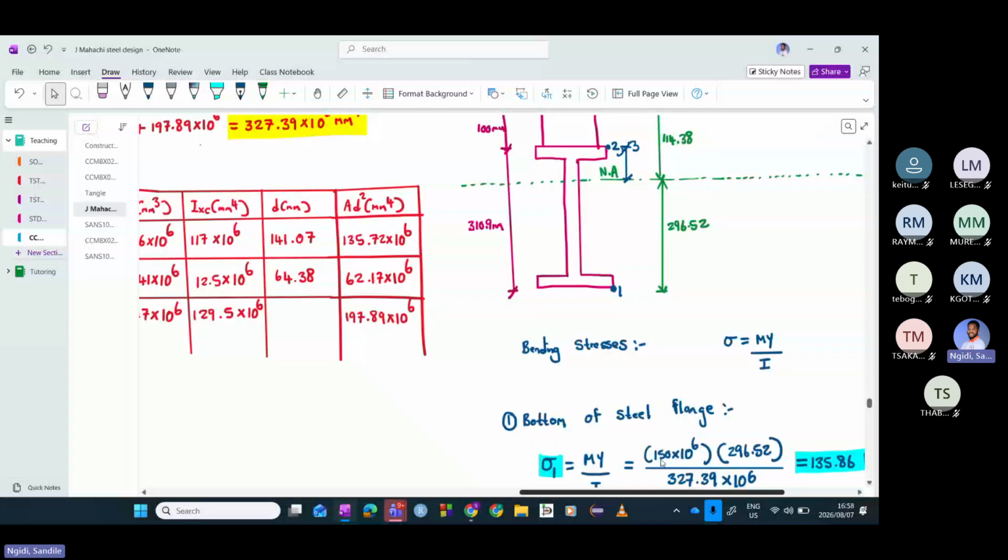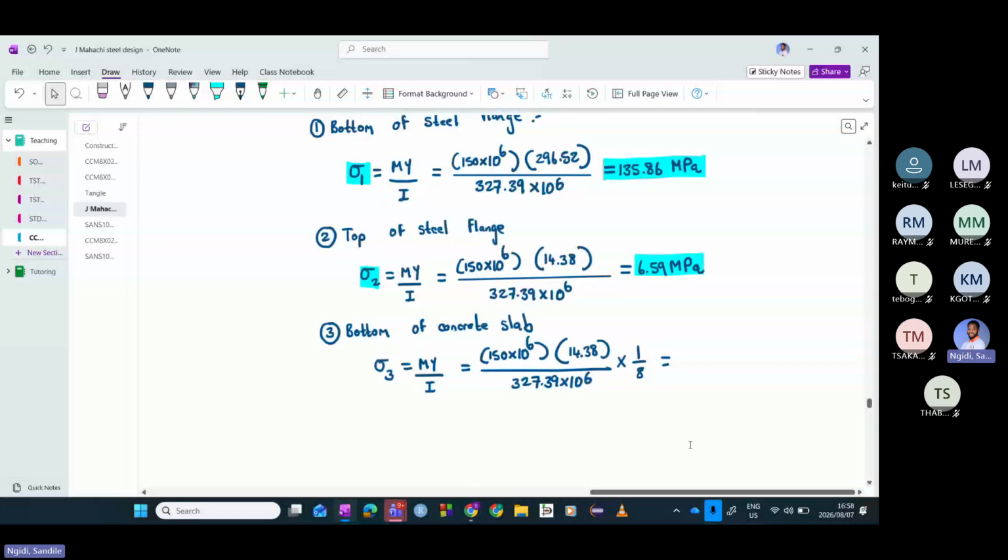Okay. So what's the value then are we going to get for this one? 0.82 MPa. Okay. So that's the stress that we have at the bottom of the concrete slab.